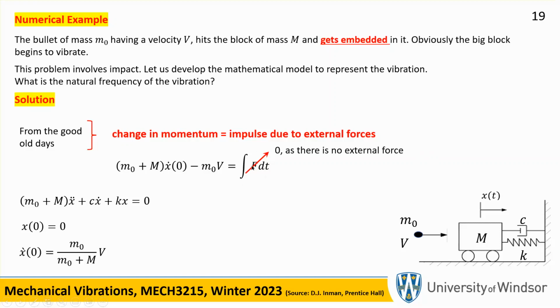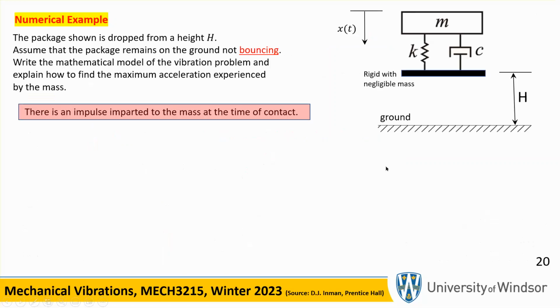There are no impulses due to external forces because there are no external forces on the system as a whole during that interaction. And obviously the natural frequency is going to be the square root of k over m naught plus m.